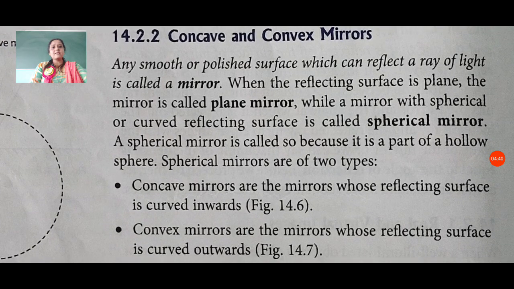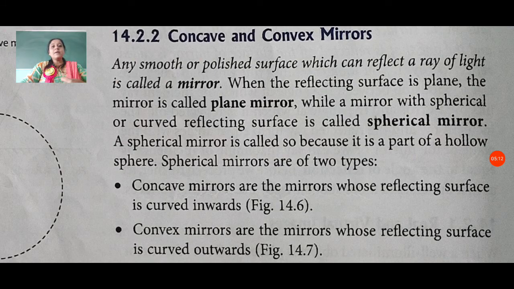Any smooth or polished surface which can reflect a ray of light is called a mirror. When the reflecting surface is plane, the mirror is called a plane mirror, while a mirror with a spherical or curved reflecting surface is called a spherical mirror. Plane mirror and spherical mirror have differences between them.